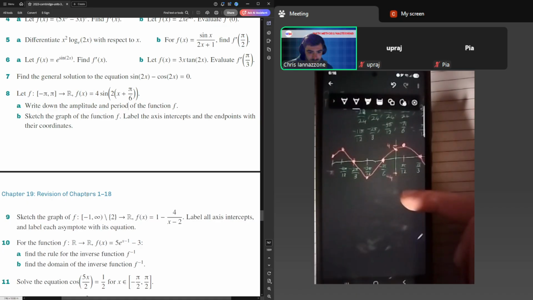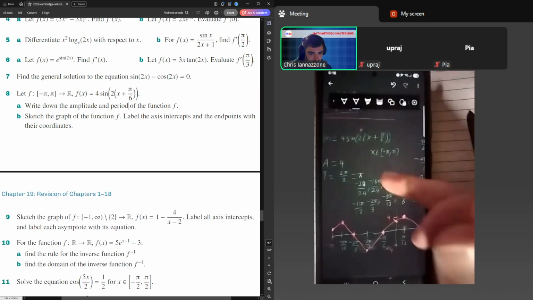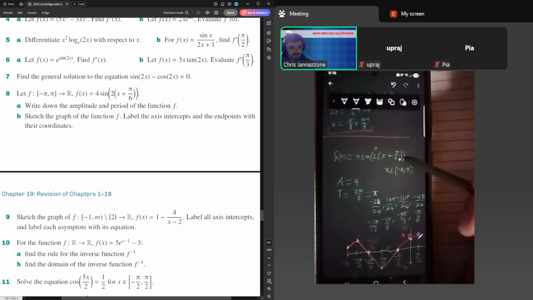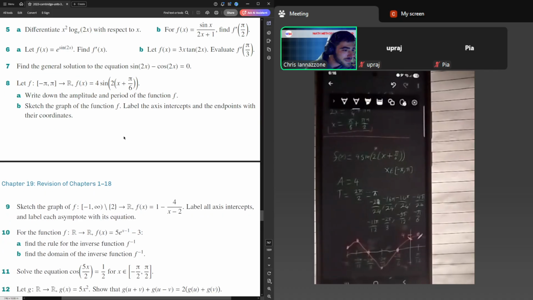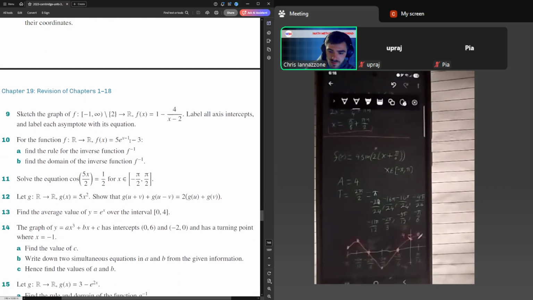Do you want to have me go through and do x equals 0, x equals plus minus pi to see what that looks like? Happy to do it. But yeah, you will need to do that to get the endpoints labeled and the axis intercept done. But okay, if that's good enough, we can move on.